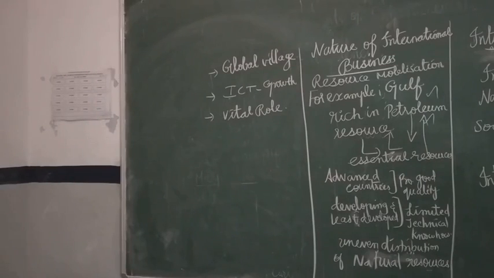Similarly, some advanced countries produce goods and services of good quality at affordable prices. They are using sophisticated techniques. Advanced countries use a lot of technical know-how. Technologically driven people are there in the USA and all the Western countries.